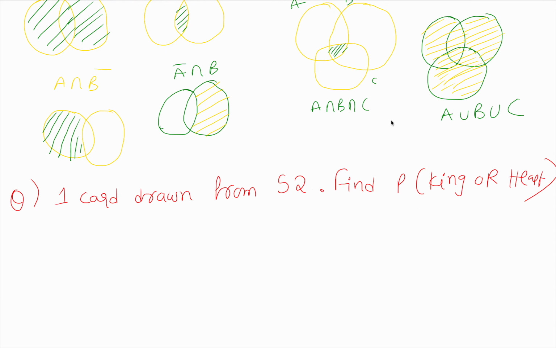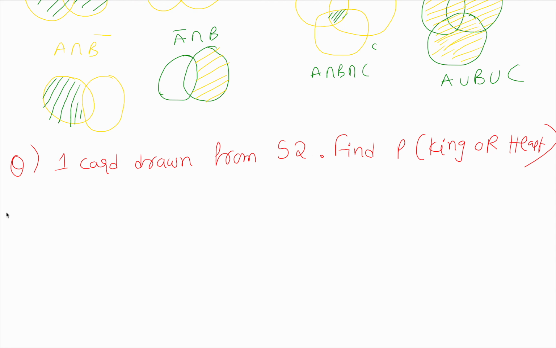So first of all, I will solve an example problem. One card is drawn from a pack of 52 cards. We know the total cards in a pack is 52.